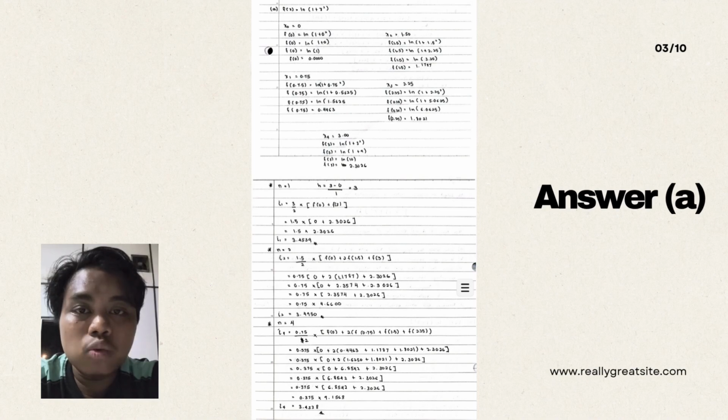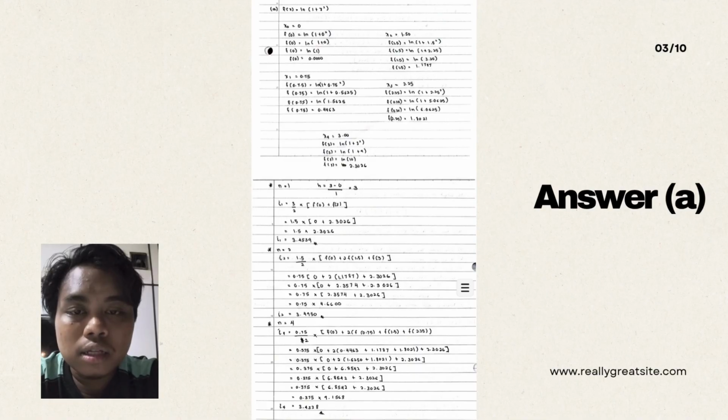For answer A, we will use the trapezoidal rule. The formula for the trapezoidal rule is I equal to h divided by 2 times f(x0) plus 2 times the summation of f(xi) plus f(xn). For n equal to 1, h equals (3 minus 0) divided by 1, equal to 3.